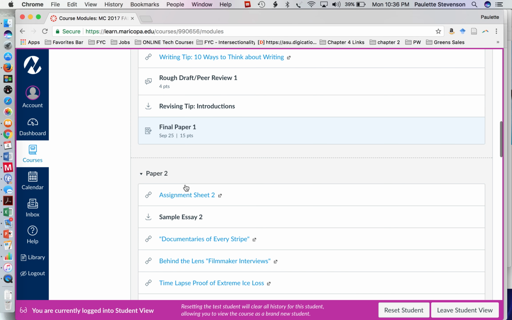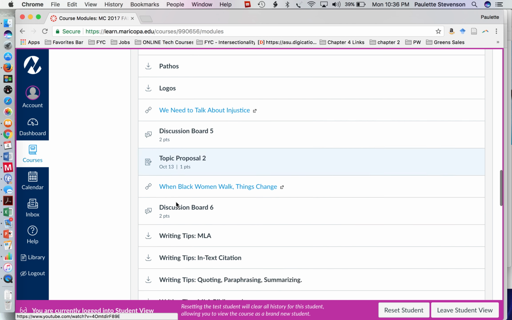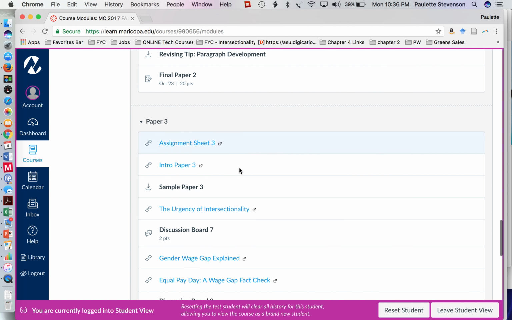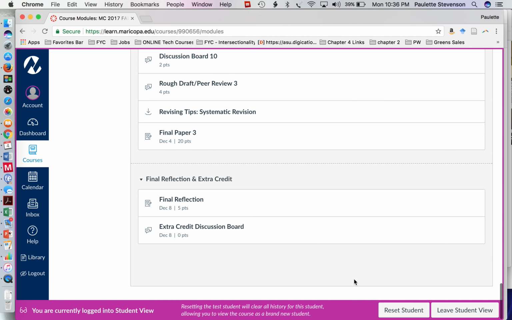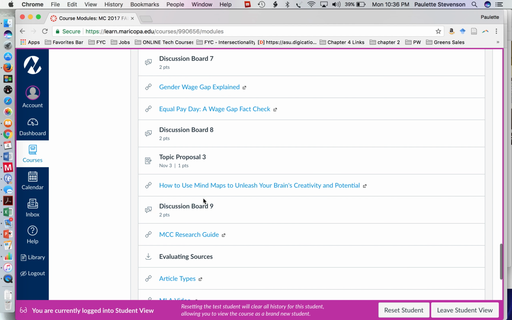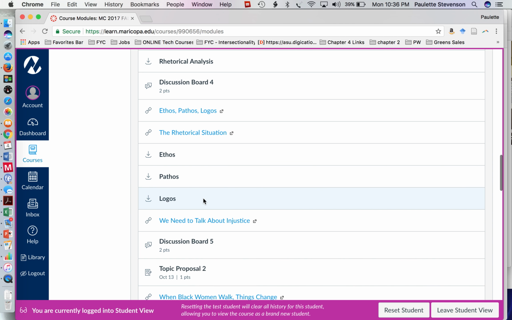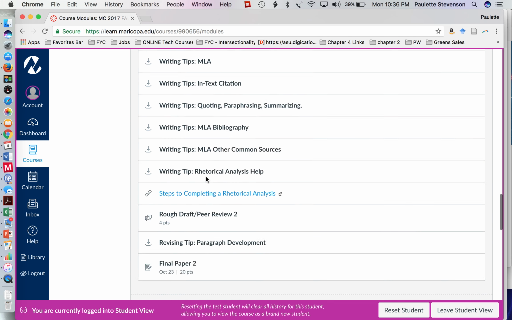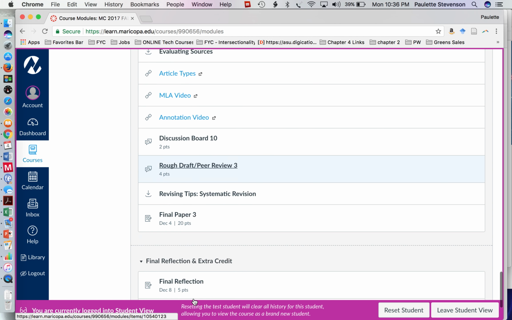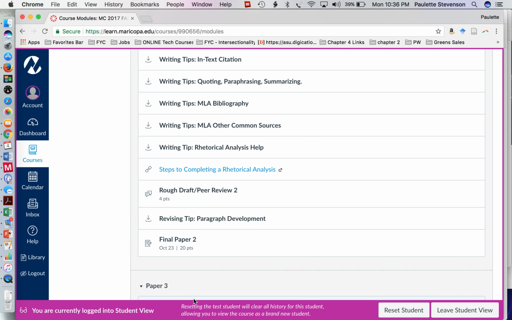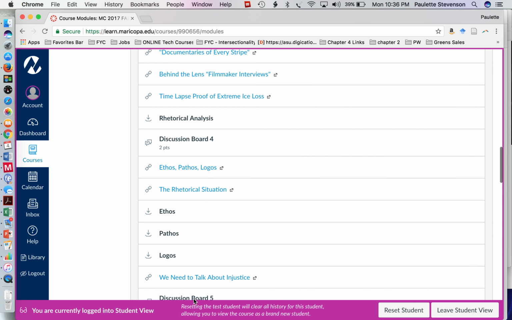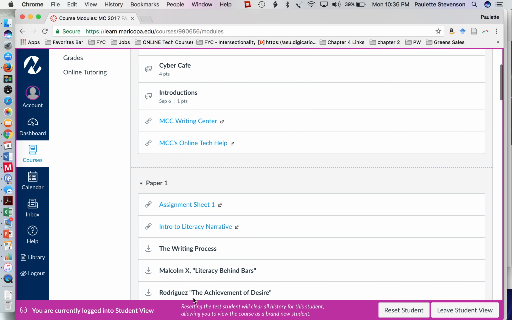After that is a module that says paper 2. After that is a module that says paper 3, and then a final reflection and extra credit module. You might not have paper 2, paper 3, and the last module available because those are things that happen later in the course. And I try to only keep open what you need, okay?